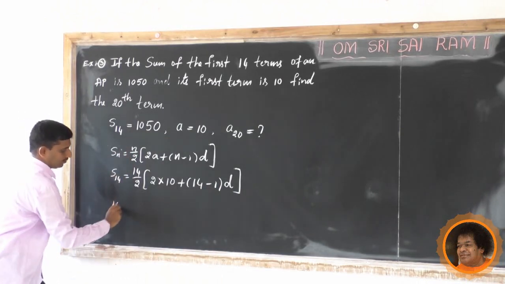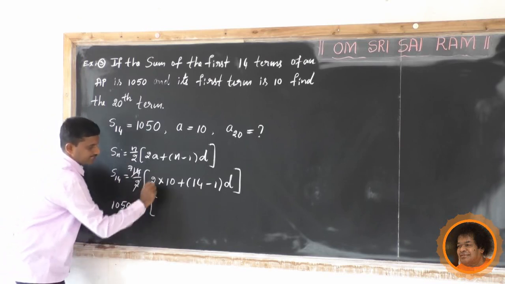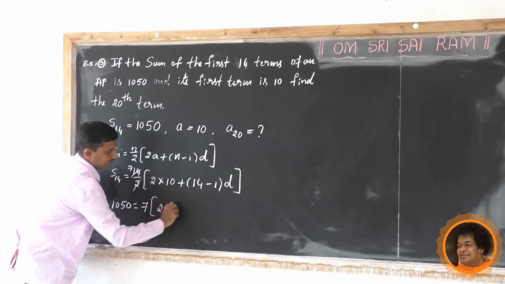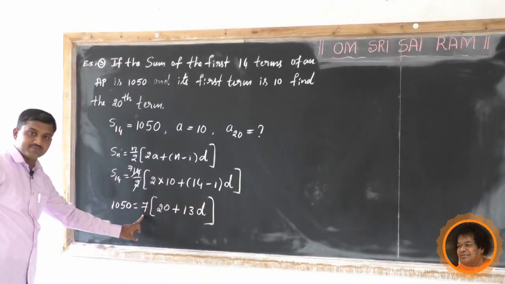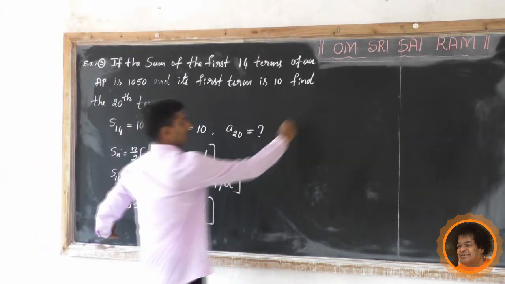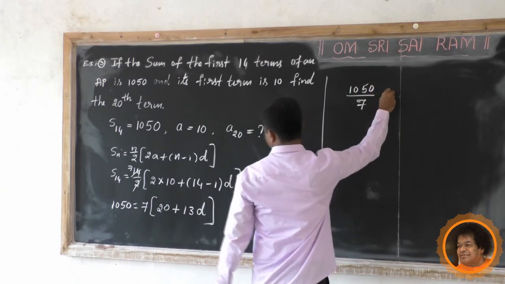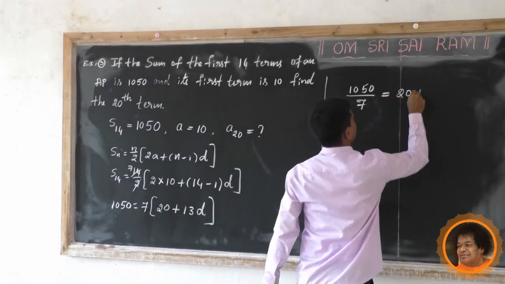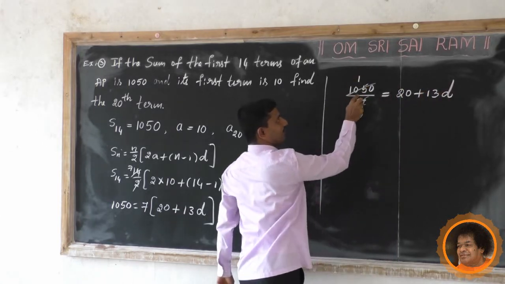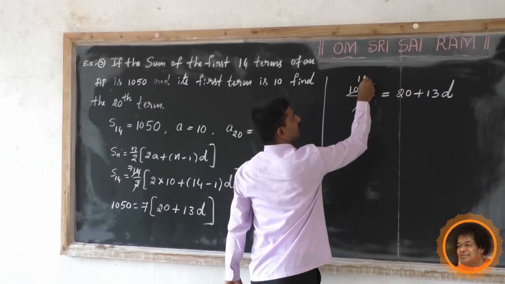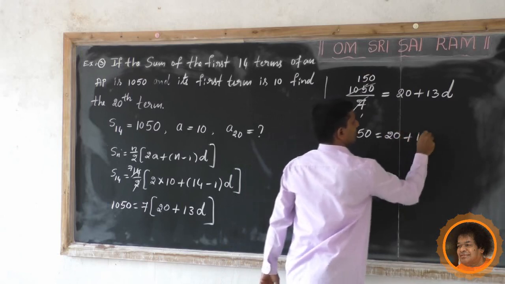S14 value 1050 is equal to 2 sevens are 14, so 7 into 2 into 10, 20, plus 13d. Here the coefficient is 7. Now transpose the 7: 1050 divided by 7 equal to 20 plus 13d. Now divide. 7 ones are 7, 3 remaining, 35, 7 fives are 35, 0. So that is 150 equal to 20 plus 13d.